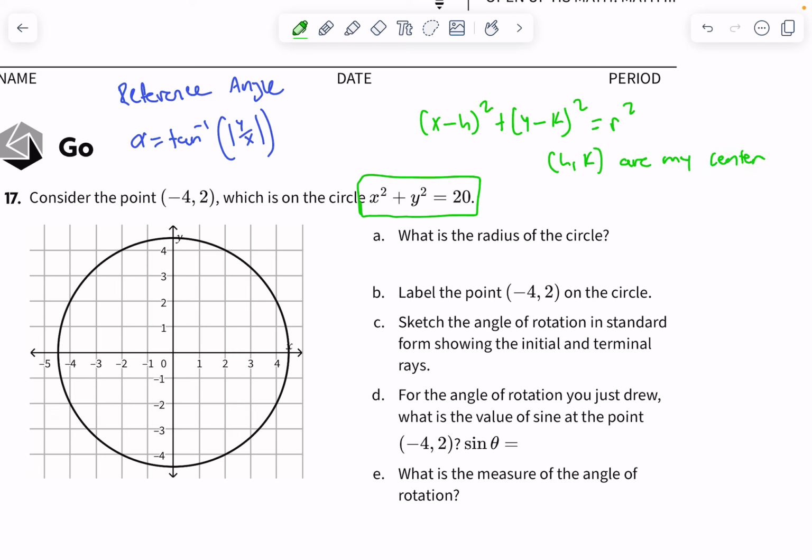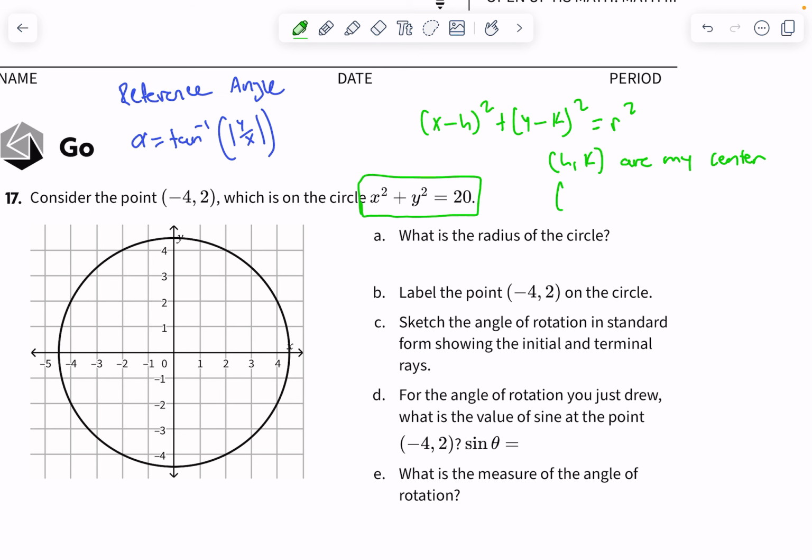So then we know that the center here is going to be 0, 0. And then r squared is equal to 20. So then what is the radius? r will simply be the square root of 20. Very, very nice.